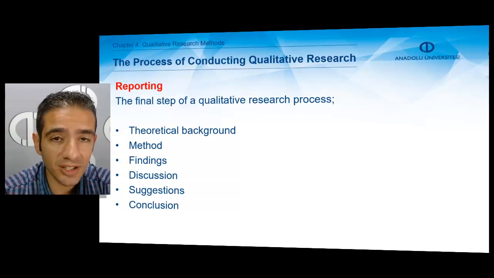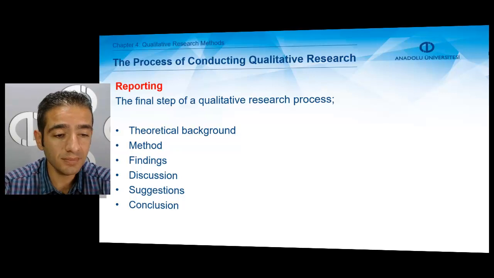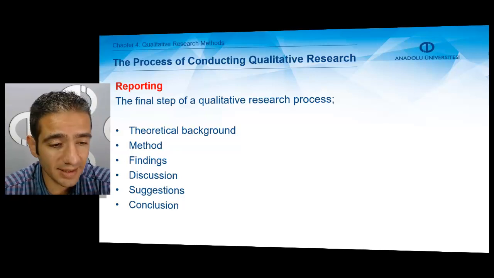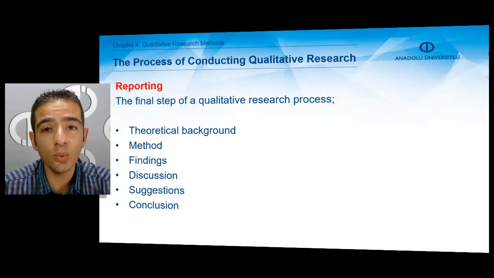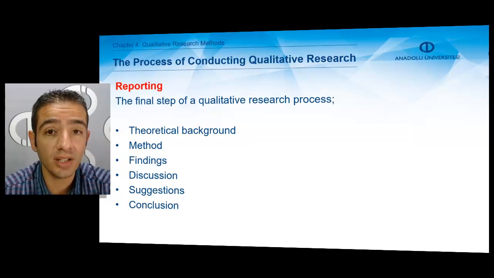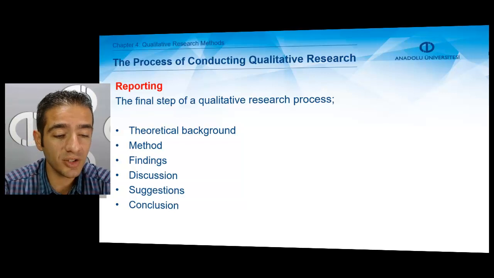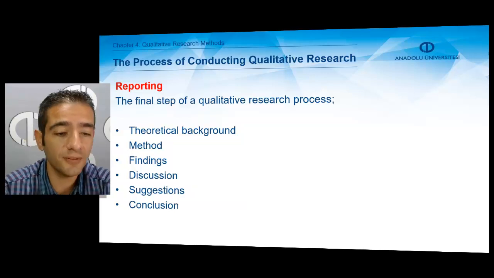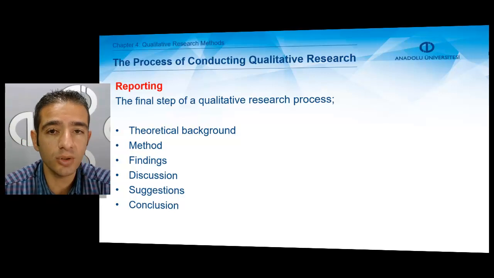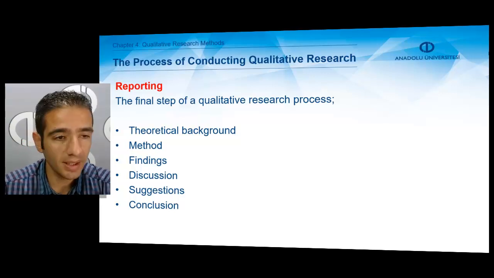And in the findings section, you mention the results of your analysis. Then you discuss these findings in line with the literature in your discussion part. And in suggestions, you present some suggestions related to the topic, and you finish your report with some concluding remarks.